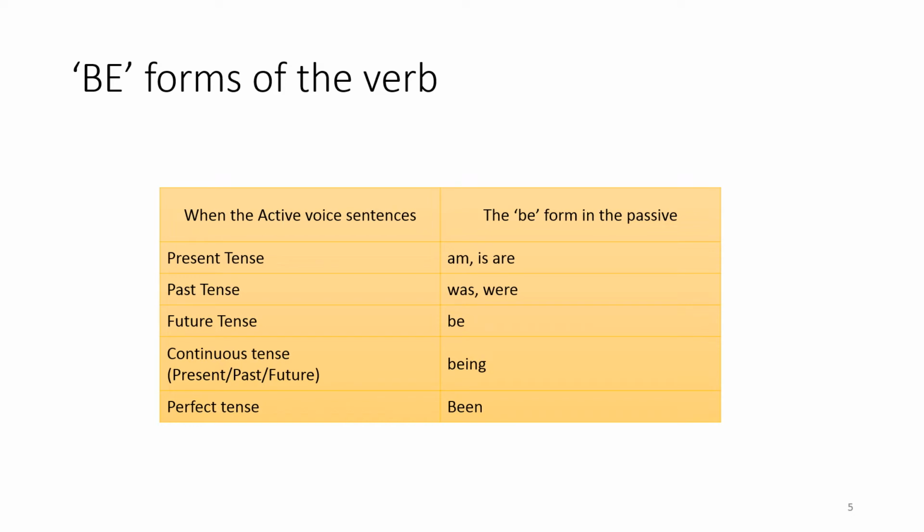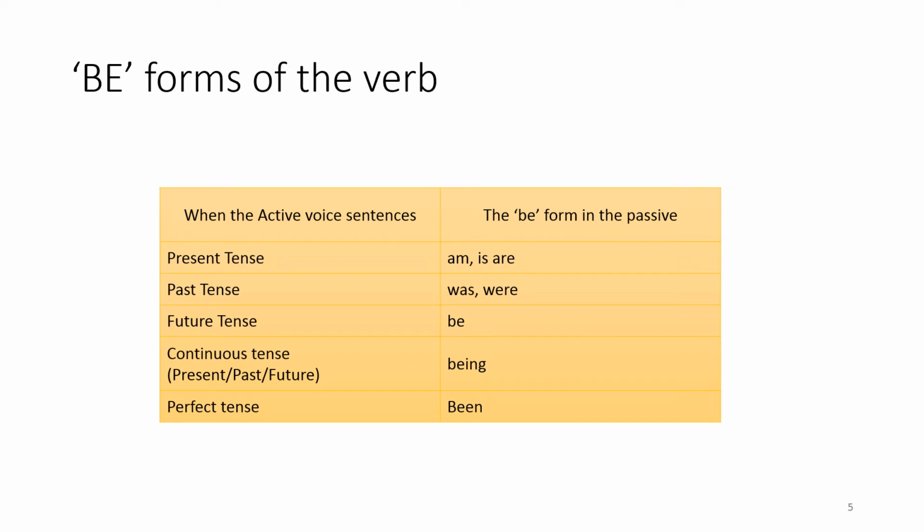Suppose the same example was in the past tense. In that case, to form the passive form, the be verb would be was and were. In case of future tense, the be verb will have to be taken as simply be. Suppose it is a continuous tense, whether present, past, or future, the be verb would be being.